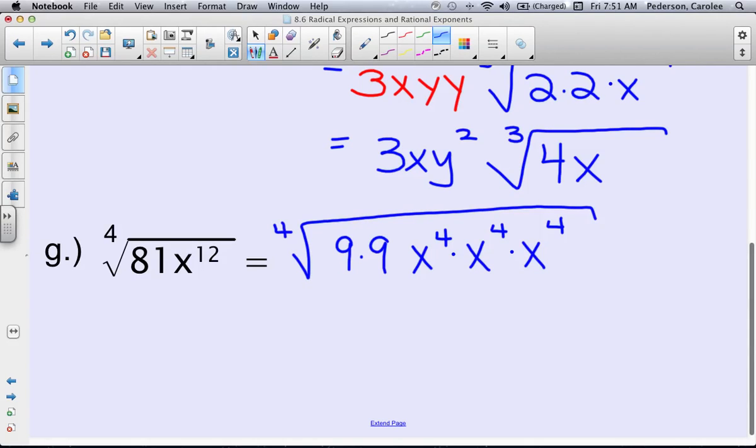We will still want to reduce those 9s, so those can be 3 and 3 and 3 and 3, because 3 times 3 is 9. And then we have the same x to the 4th, x to the 4th, x to the 4th.